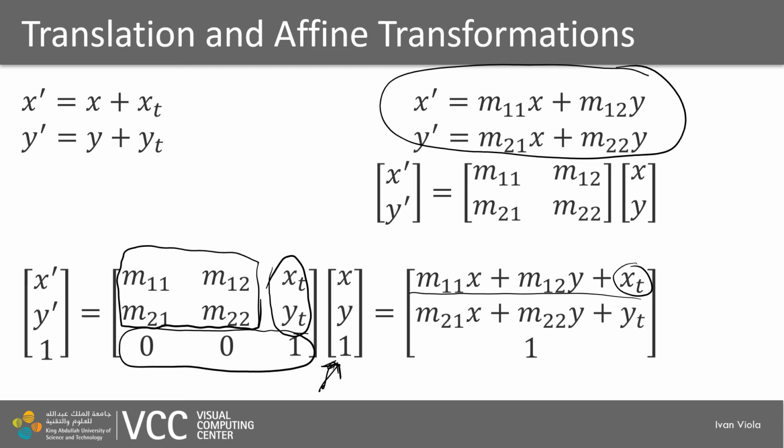Much more practical is that we put the translation into this common matrix vector multiplication framework, but for that we need to extend our matrix by one more row and the vector by one more component.